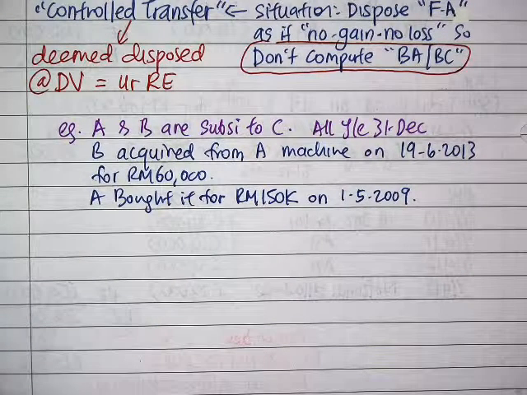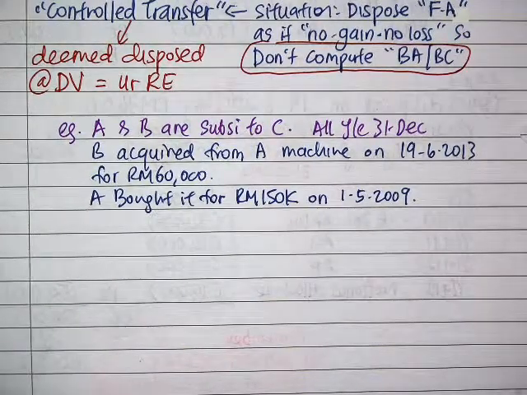It's just very simple things about disposing an asset. When you sell an asset, you just need to know the date you sell, the date you buy, how much you pay, and stuff like that. Later I'll tell you what a control sale is, what is called control transfer.